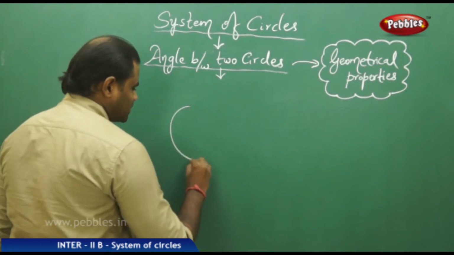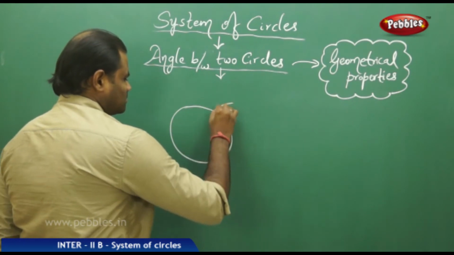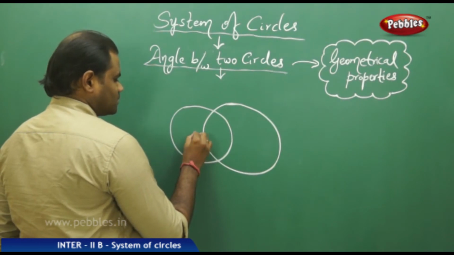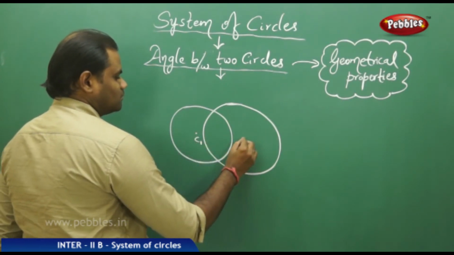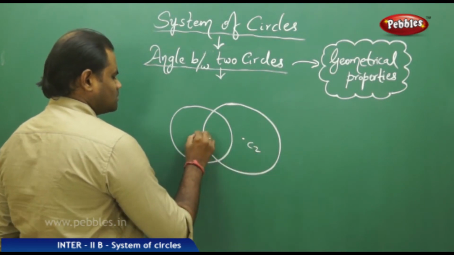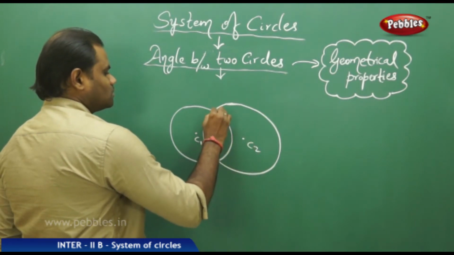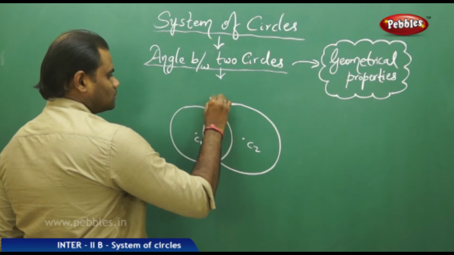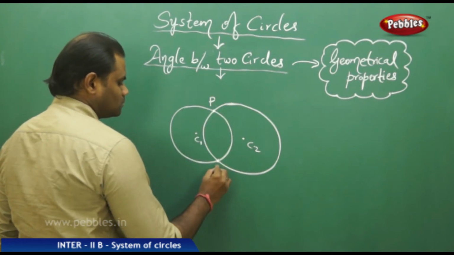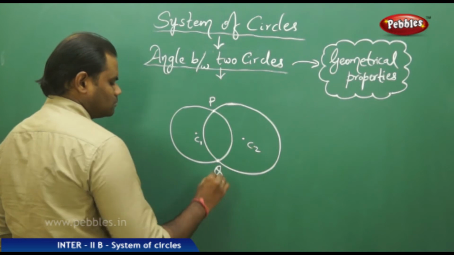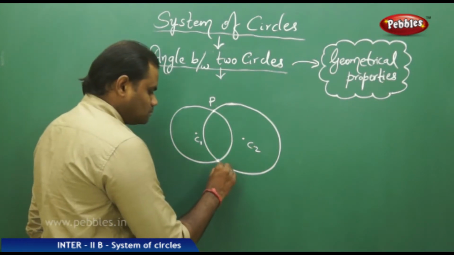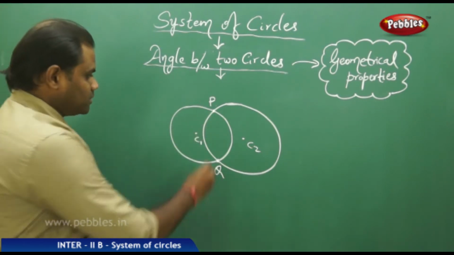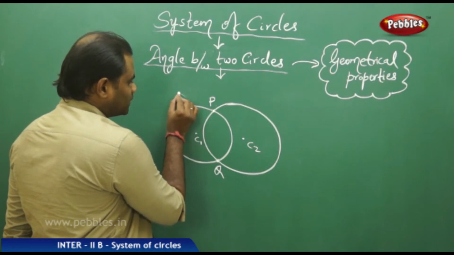Suppose I have two intersecting circles, this one with center C1 and this one with center C2, and suppose the two circles intersect at P and Q.